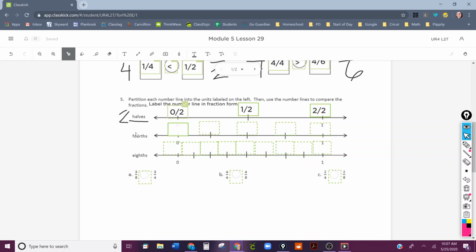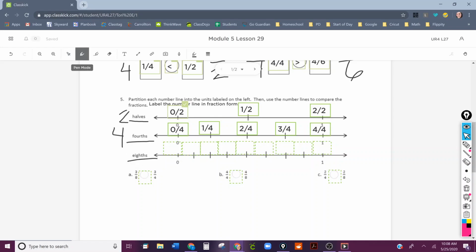Okay? And then we come down to the next one, which is fourths. We know fourths is 4 pieces. We're going to label that 0 fourths, 1 fourth, 2 fourths, 3 fourths, and 4 fourths.